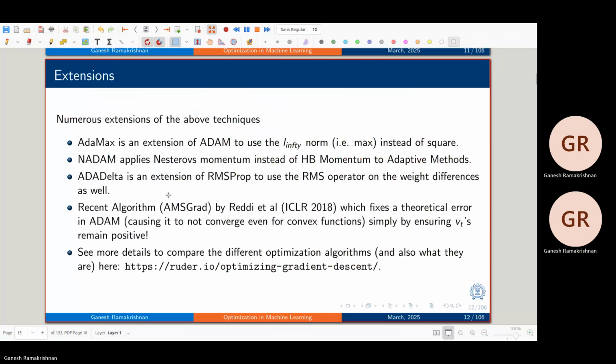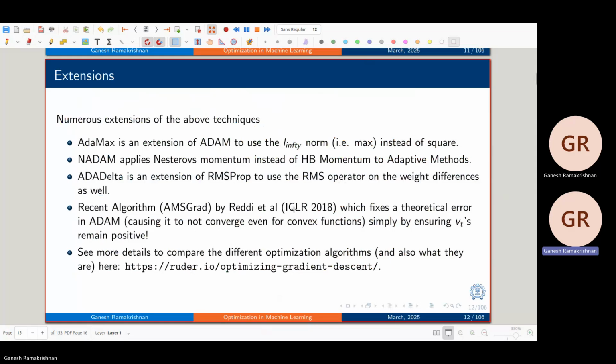What Adadelta uses is the kind of root mean square operator on the weight differences as well, in addition to just a summation. So think of it as bringing a little bit of a velocity component as well here. WT minus 1.